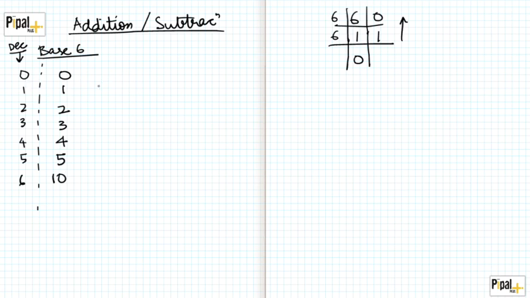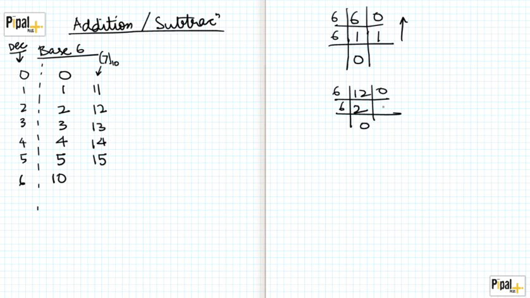So the number 7 in decimal is going to be represented by 11, right? So this is the 7 of the decimal system, right? And 8 of decimal will be 12, 9 will be 13, 10 will be 14, 11 will be 15, right? But as soon as we come to 12, right, the number 12 is going to be represented by 20, right?